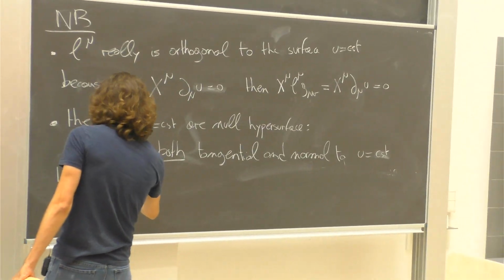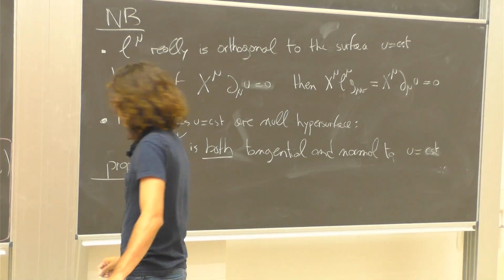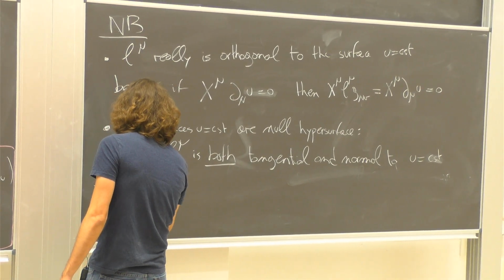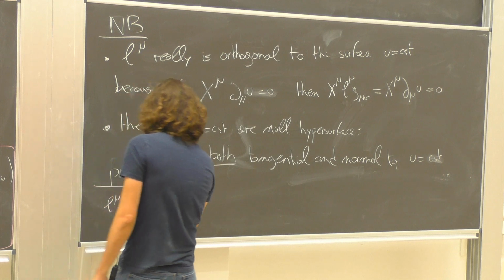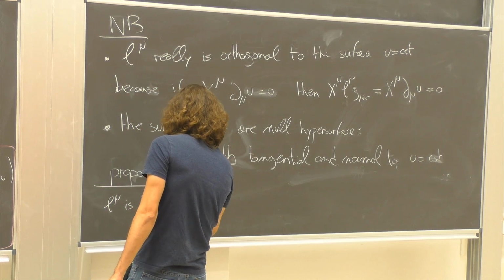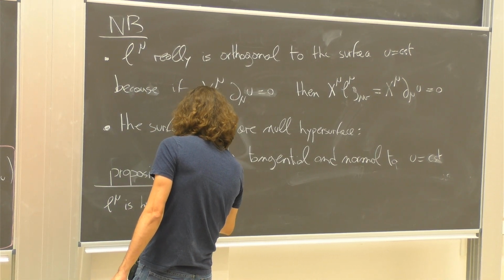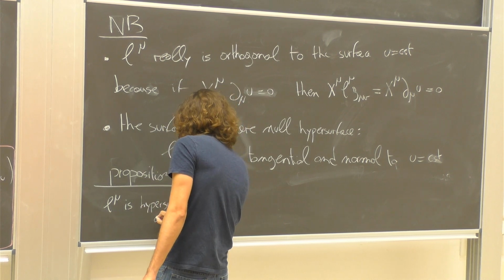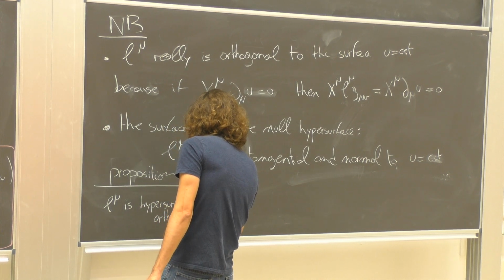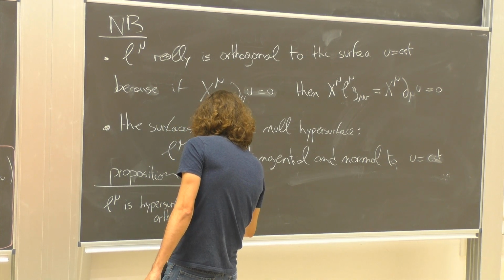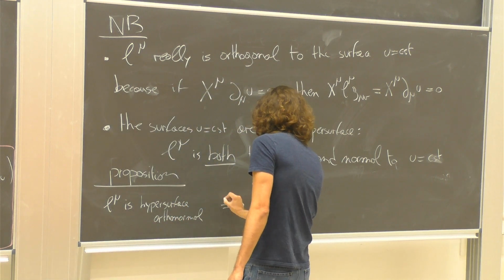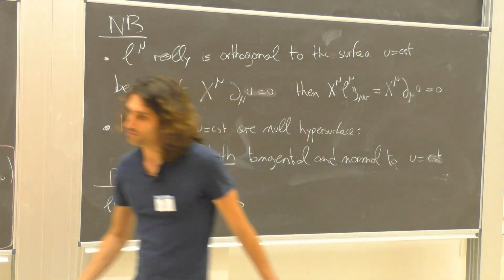I wrote this in the file. L^μ is hypersurface orthonormal. This is a constraint on the vector field. This is this constraint, so let me just make sure not to write it wrong.